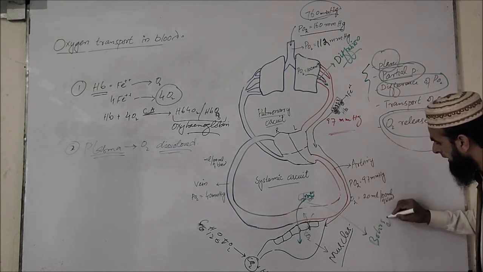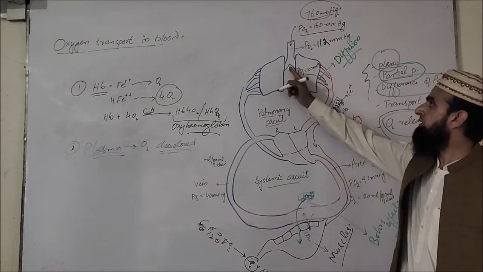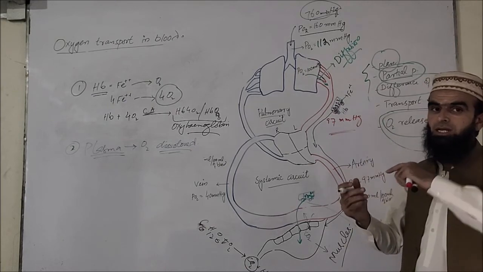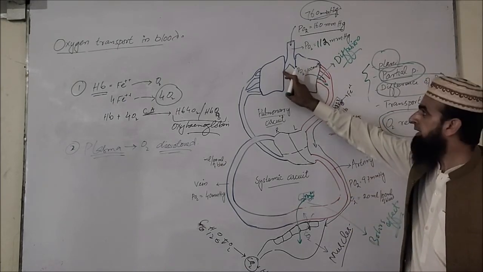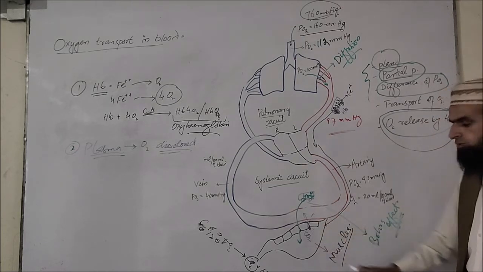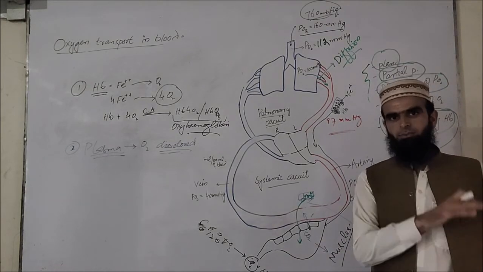What is Bohr's effect? We will discuss this Bohr's effect, and the other one is the Haldane effect, which is shown over here in the lungs. Haldane effect is the release of carbon dioxide here, and Bohr's effect is the release of oxygen over here. So this is called Bohr's effect, and that will be discussed in detail in a separate video.